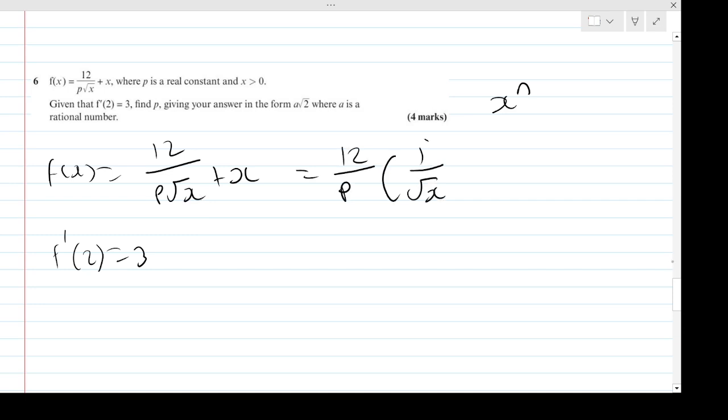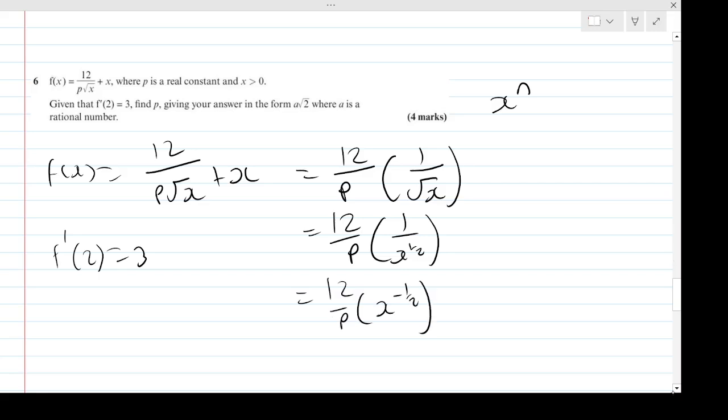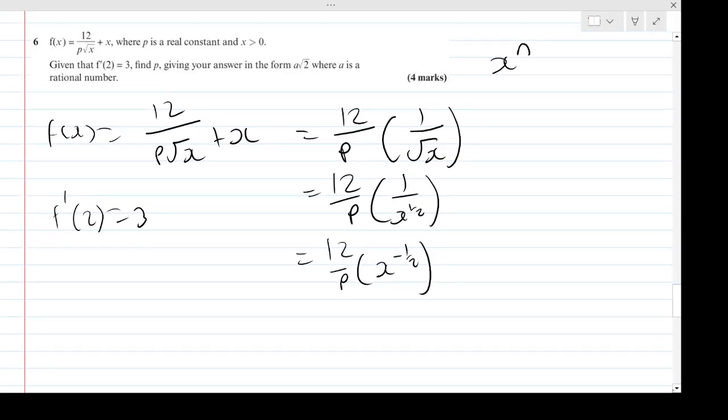Then this 1 over root x is 1 over x to the half, because root x is x to the half, and this is a reciprocal, so it'd be 12 over p of x to the negative a half. So then we're left with 12 over p x to the minus half.